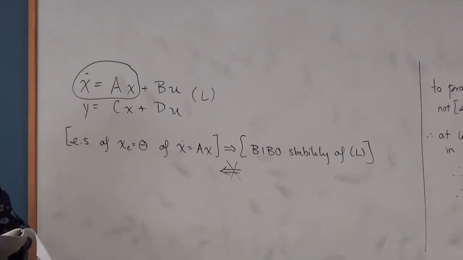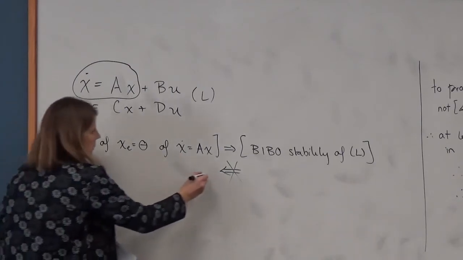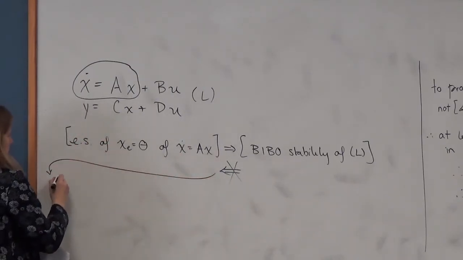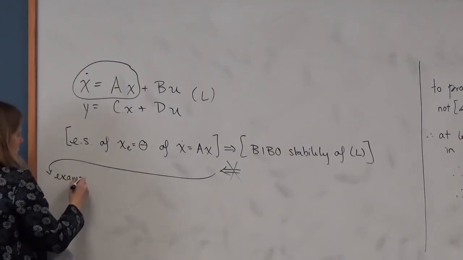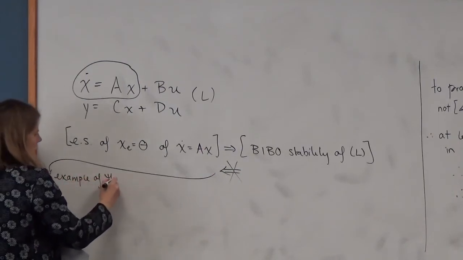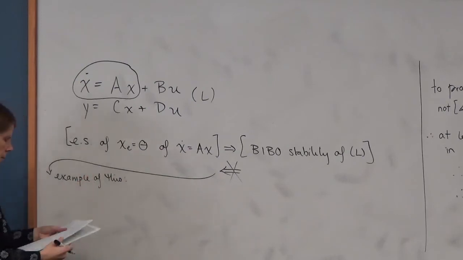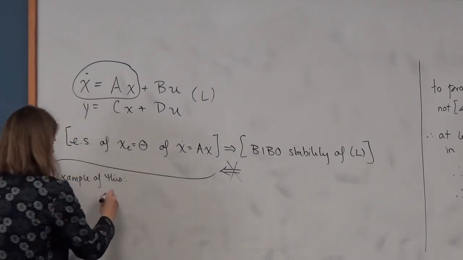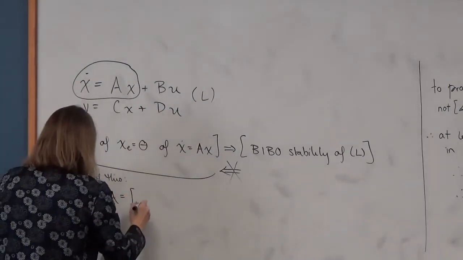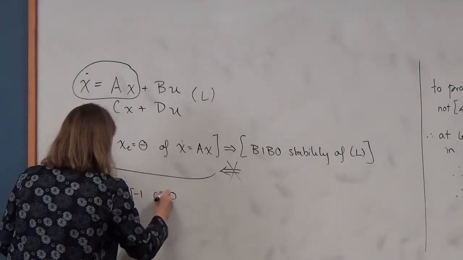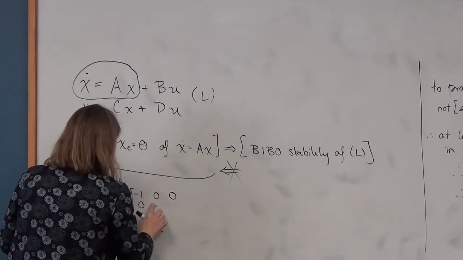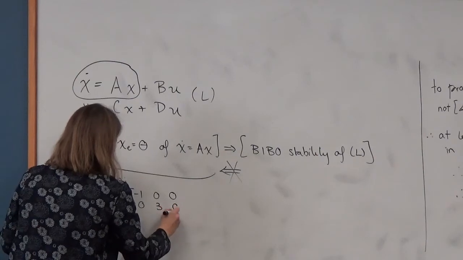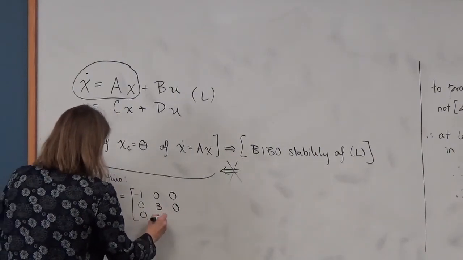Okay, we did example 1 last day, but let's look at an example of this. Suppose you had a matrix A, which was the example from last day, and I'm just going to change the eigenvalue at -3 to an eigenvalue at 3.